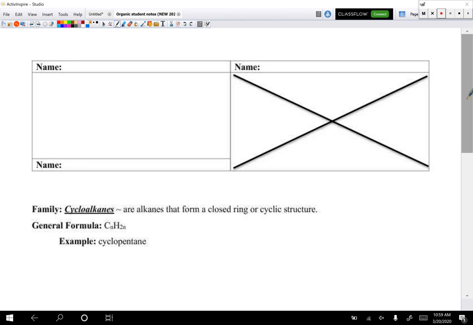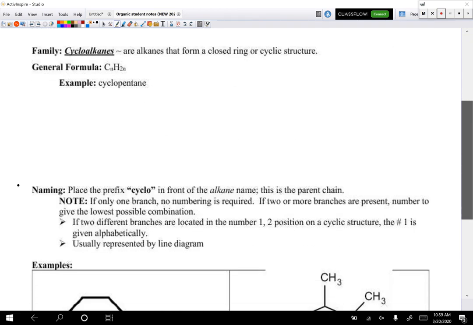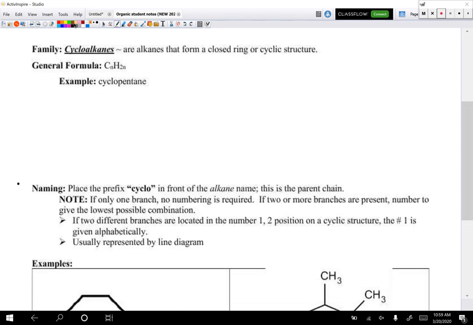All right. So for today, we're actually going to be looking at cycloalkanes. Now, with these we see the word cyclo in there. That means that we have a closed ring, or what we call in organic chemistry a cyclic structure. The general formula for this is CnH2n.